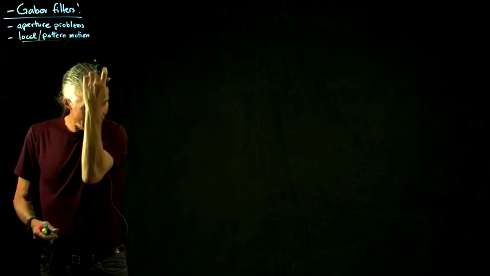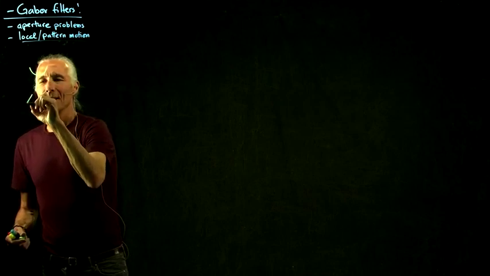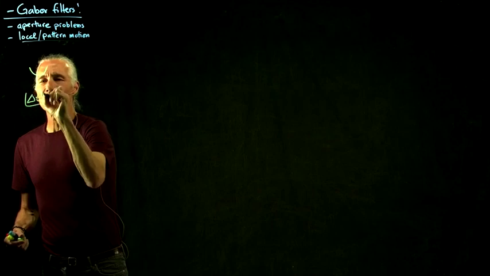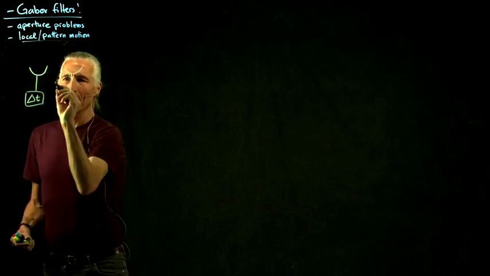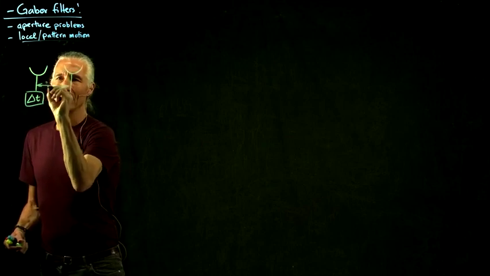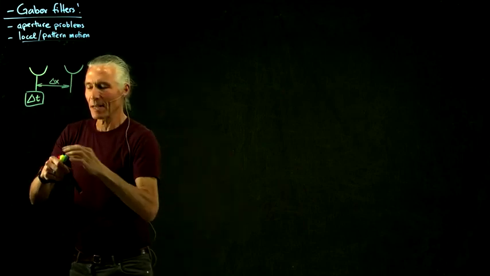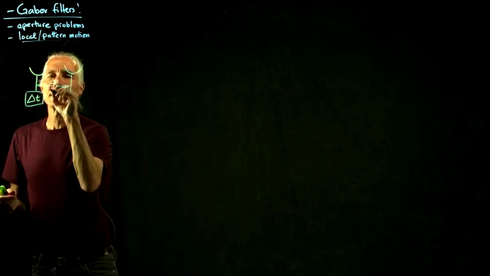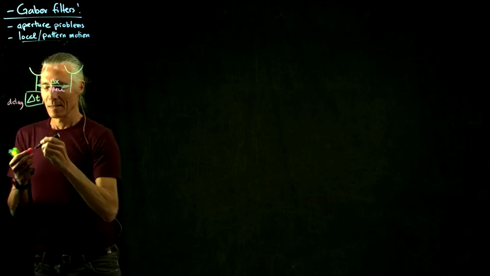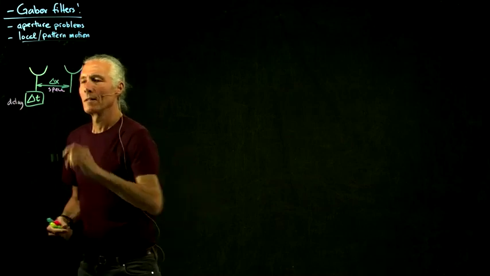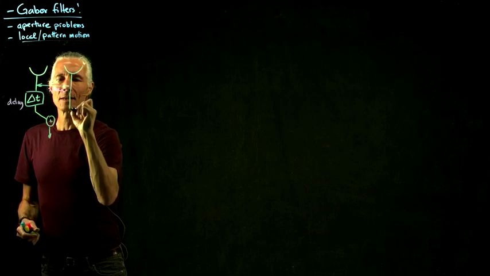Well, we suggested something like a Reichardt detector, and all that is two detectors that are separated in space, and one of them has a delay. So this is space, and this guy is a delay. And then we just add those together, and we get a detector that can detect motion.